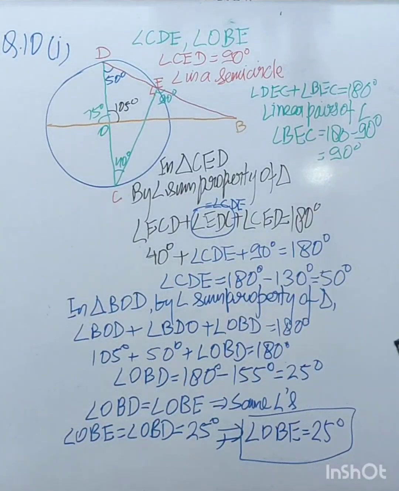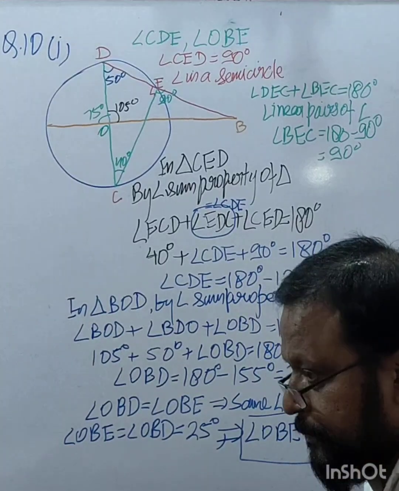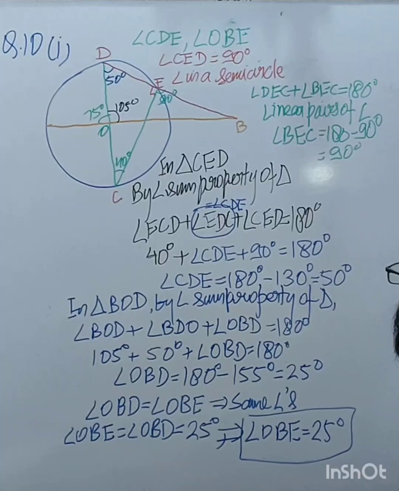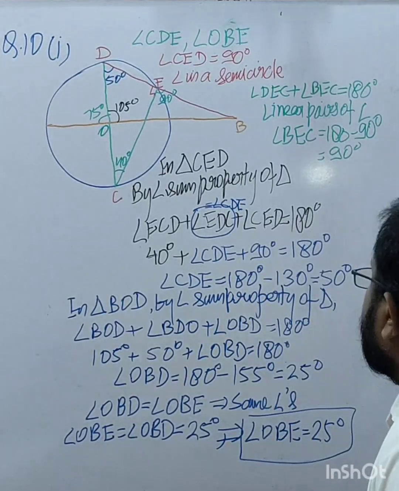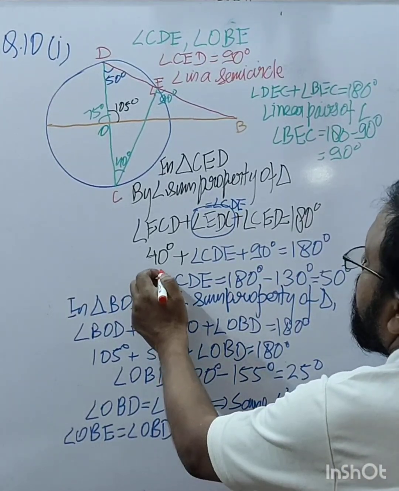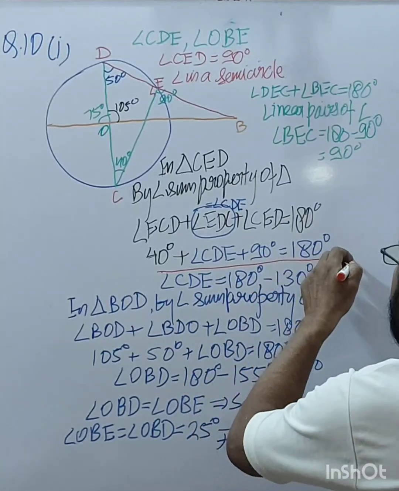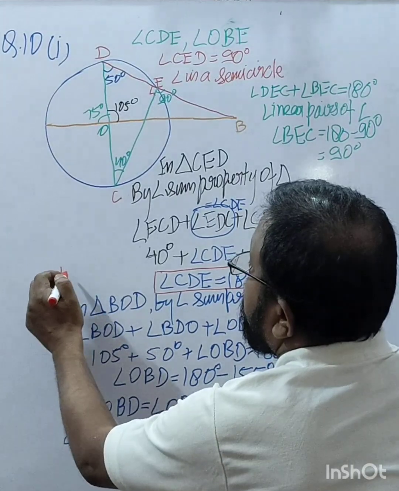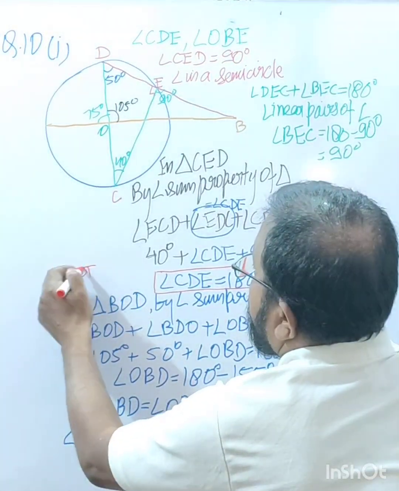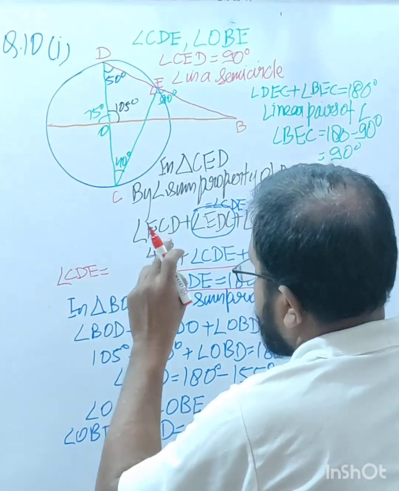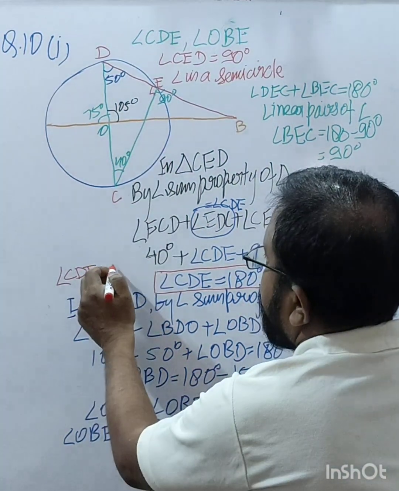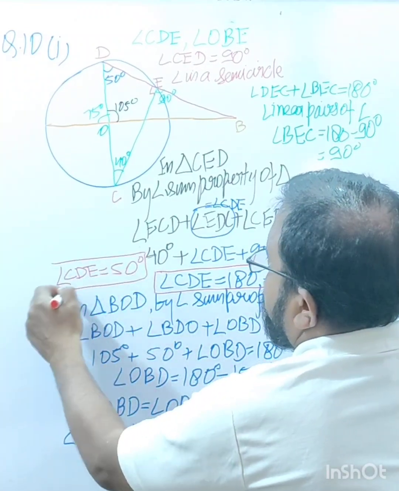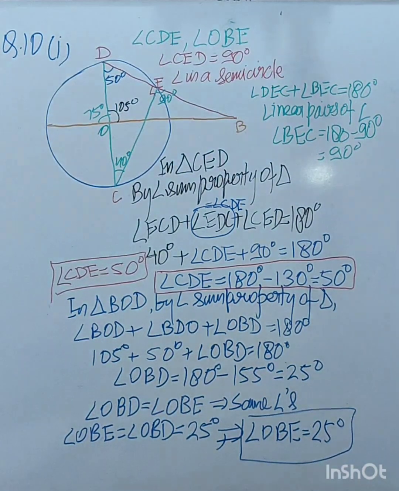What is your answer? 25 degree and 50. So we get angle OBE of 25 degree and angle CDE of 50 degree. This is right.